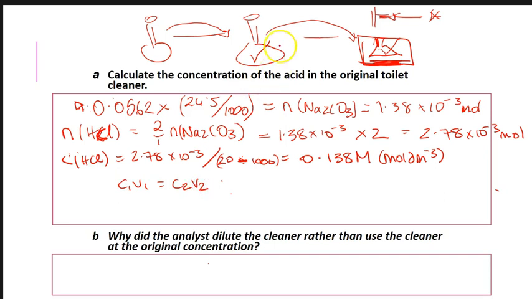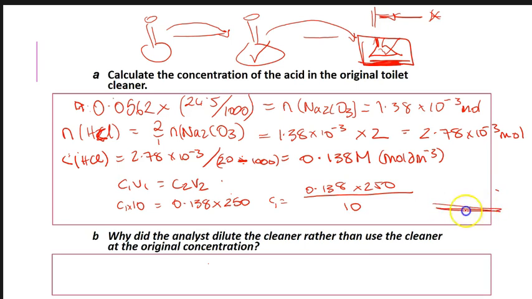Because now I know that I had C1 times 10 milliliters, and C2 is now my 0.138 molar, multiplied by V2, I have 250 milliliters of it. And so now C1 is going to be 0.138 times 250, all divided by my 10. Okay, and you can put that into your calculator and work that out.